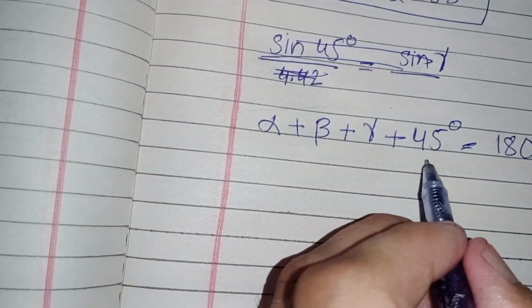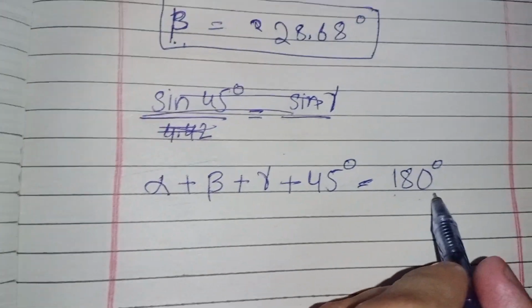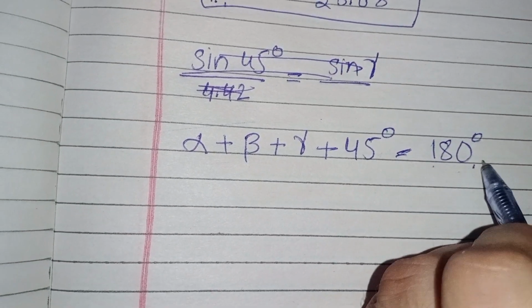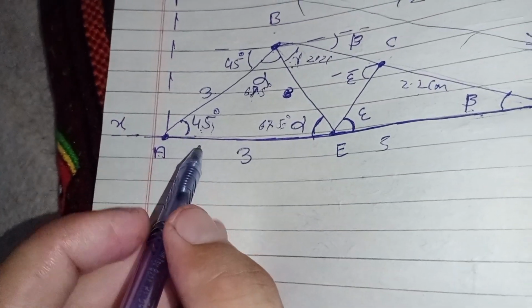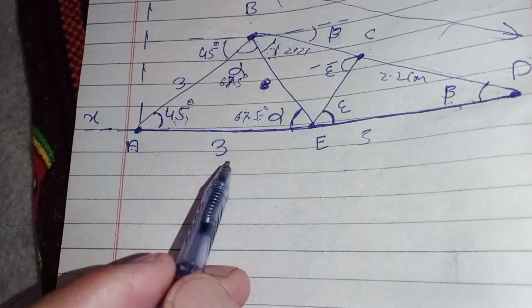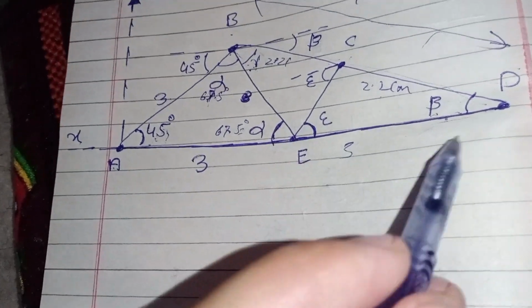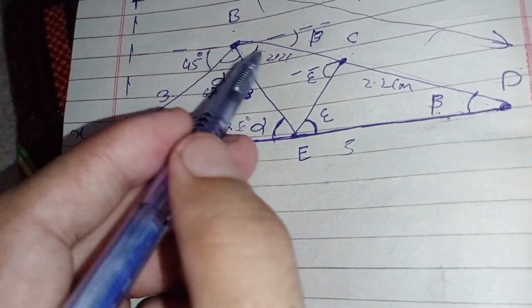The sum of all angles in a triangle will equal 180 degree. So this angle plus this angle plus this angle plus this angle, the summation of all these four angles, will equal 180 degree, because this is a triangle.